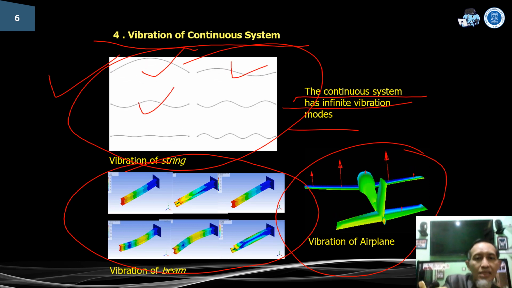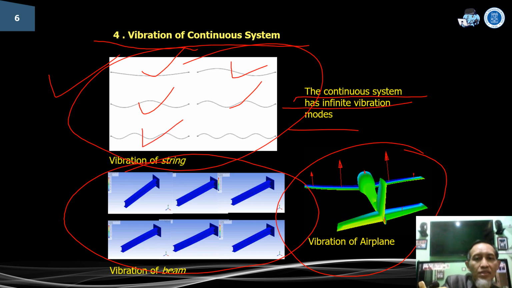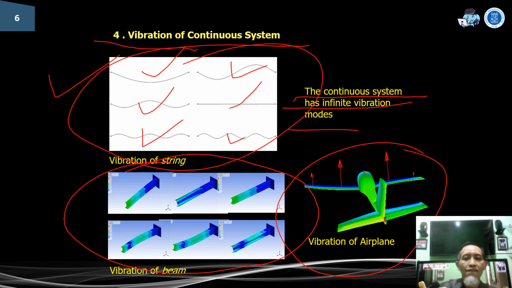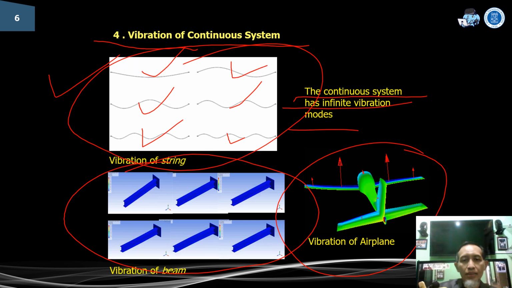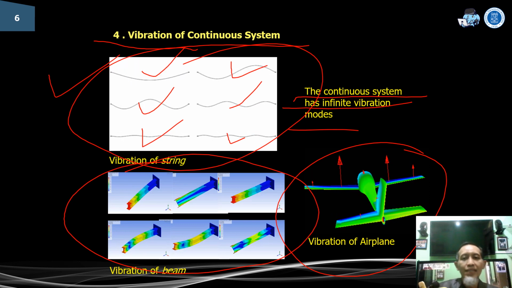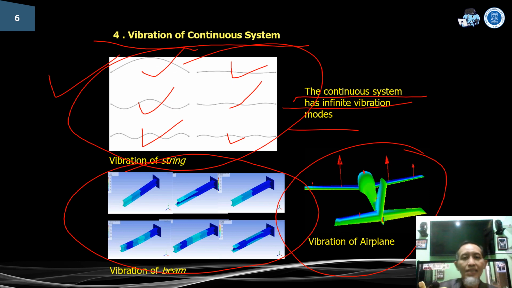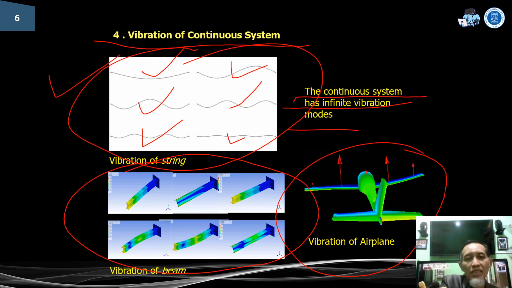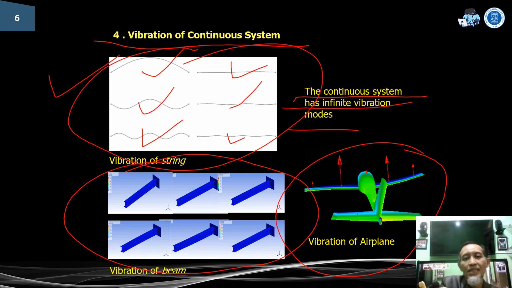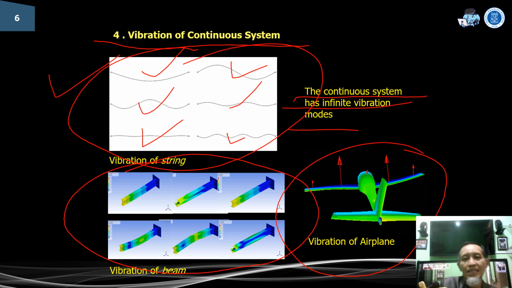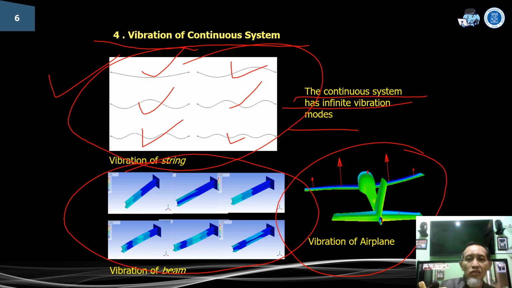This third, fourth, fifth, and sixth. Actually, theoretically, for the vibration of a string, there are infinite vibration modes.